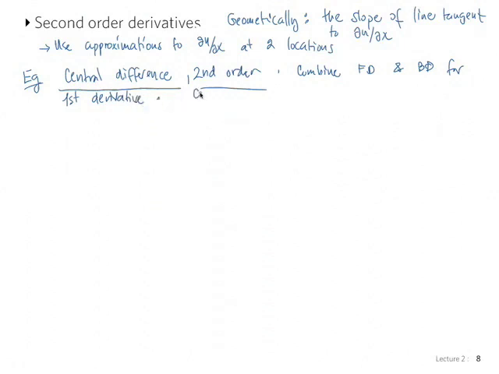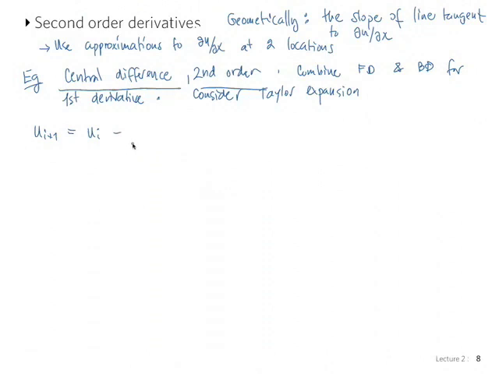So first, let's consider the whole Taylor expansion. And write u_{i+1}. We've done this transposing that I was telling you before.